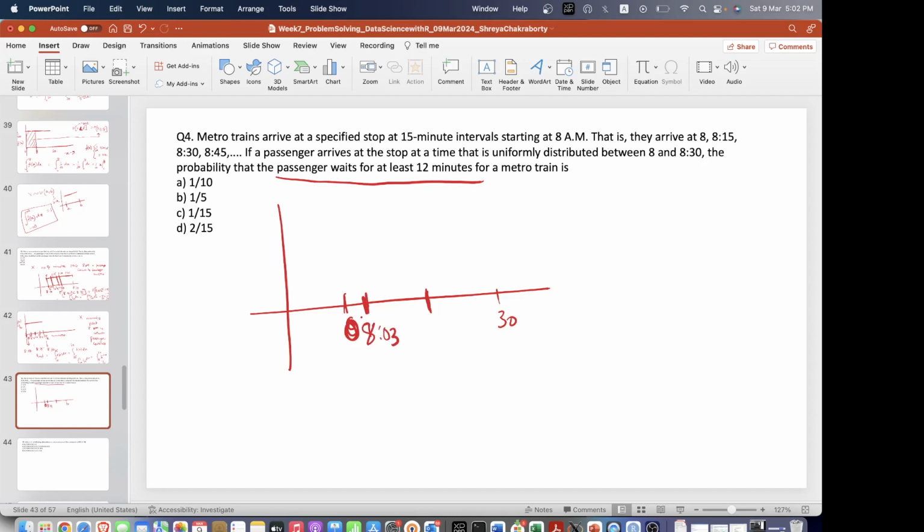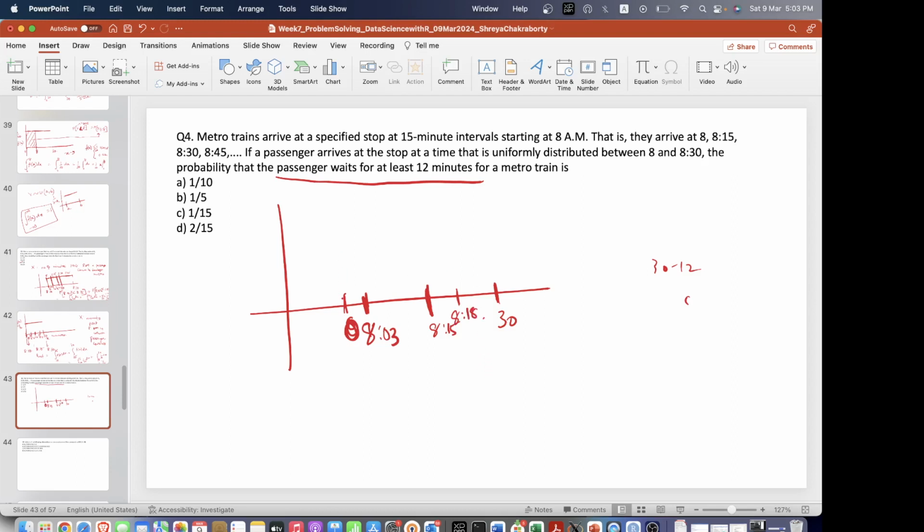And if he just passes this, like he missed the 8:15 train, and he arrives after 8:15 onwards till, let's say, 12 minutes, no? So 30 minus 12 would be how much? 18. So 8:18.